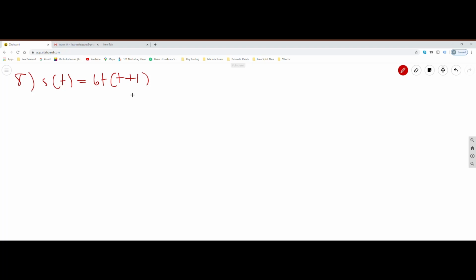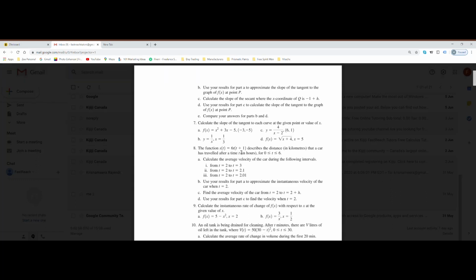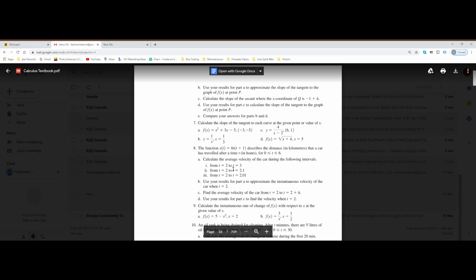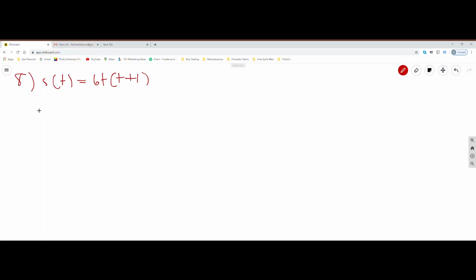The function s(t) equals 6t(t plus 1) describes the distance in kilometers that a car has traveled after a time t. Calculate the average velocity from t=2 to t=3, from t=2 to t=2.1, and from t=2 to t=2.01. So let's do those.